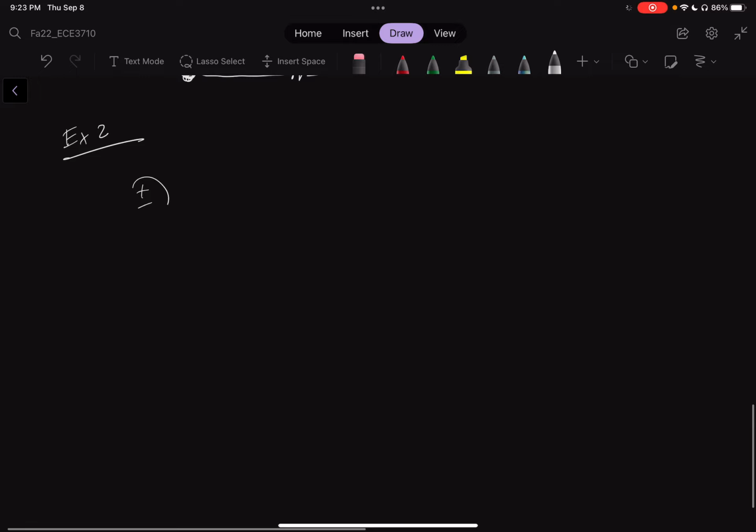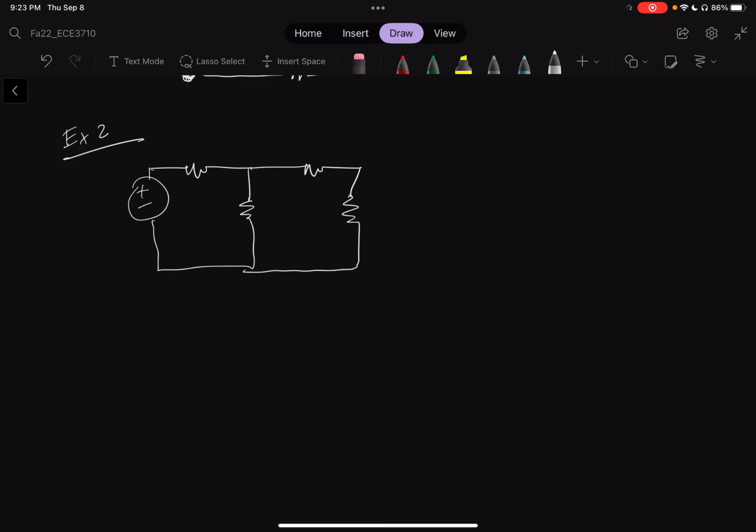Similarly, if you had a problem like this, where this is R1, R2, R3, R4, you could simplify that too.